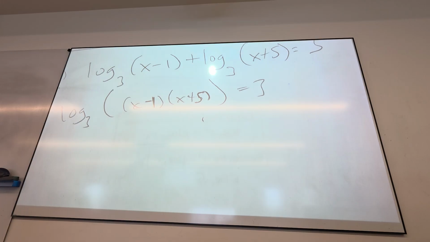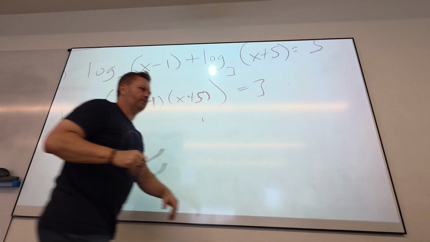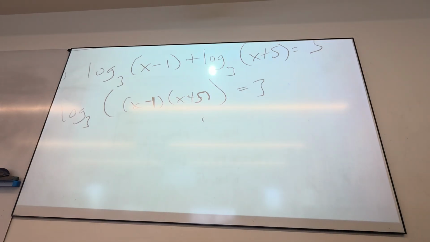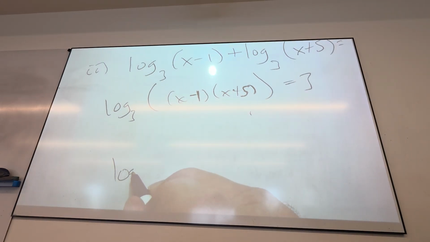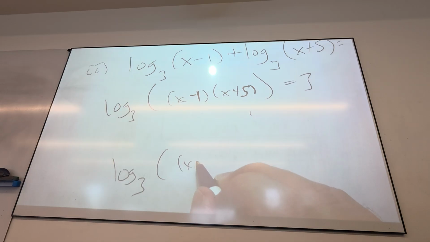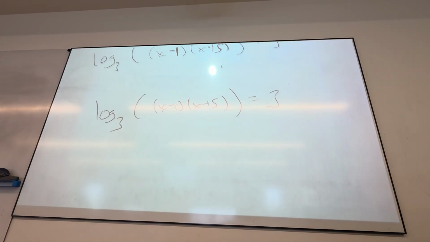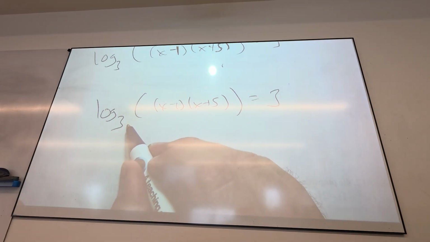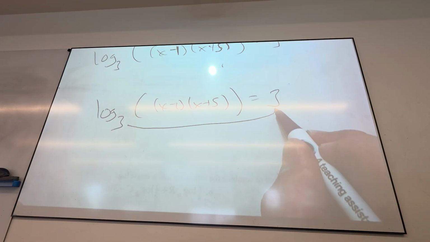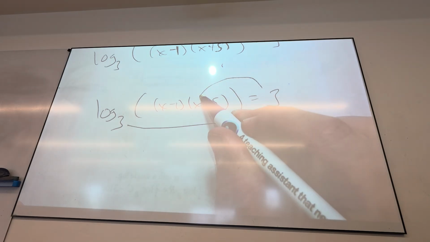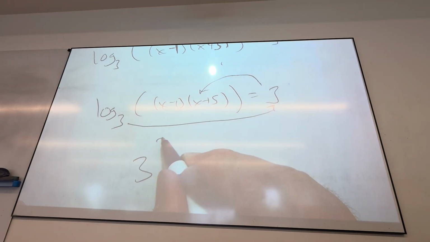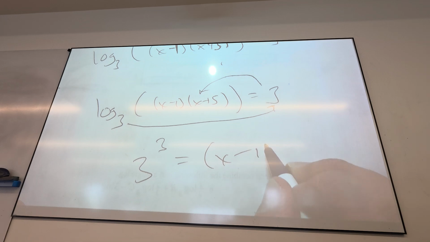Okay. Now, let me write that a little cleaner. Do I have a single log of stuff equaling a number? So how can I rewrite it? 3 to the 3 equals that. So I got 3 cubed equals this.